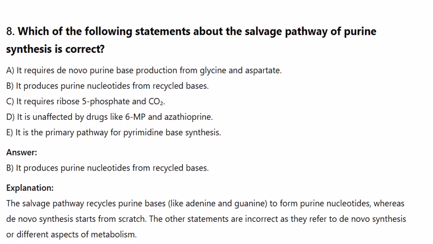E. It is the primary pathway for pyrimidine base synthesis. Answer: B. It produces purine nucleotides from recycled bases. Explanation: The salvage pathway recycles purine bases, like adenine and guanine, to form purine nucleotides, whereas de novo synthesis starts from scratch. The other statements are incorrect as they refer to de novo synthesis or different aspects of metabolism.